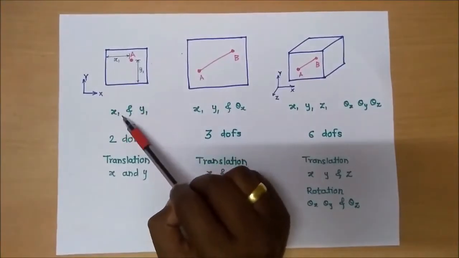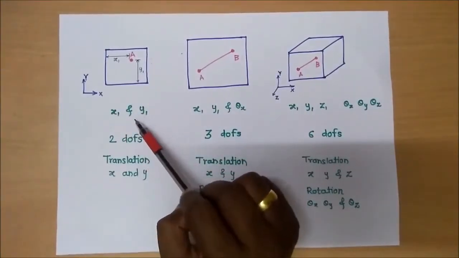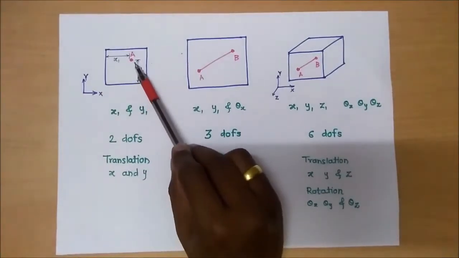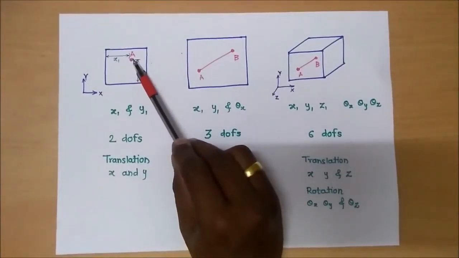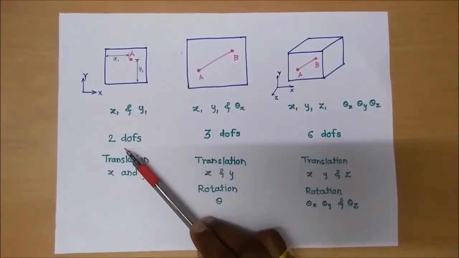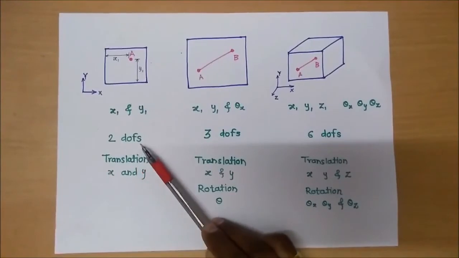These two coordinate values are required to define this point A in space. So we can say that we have 2 degrees of freedom.